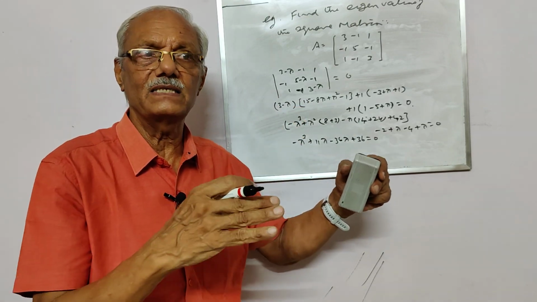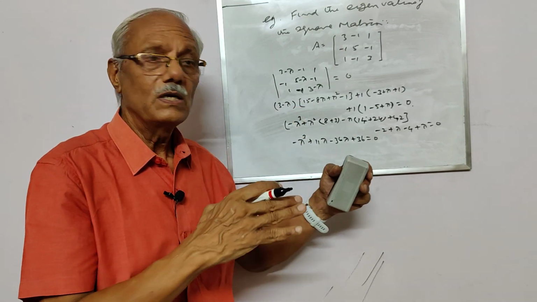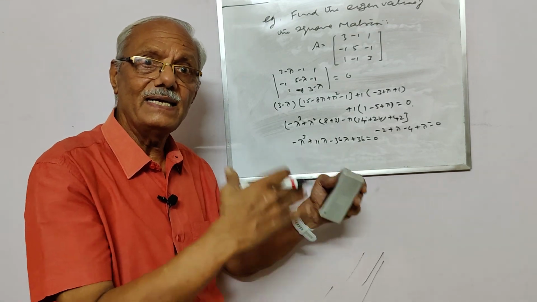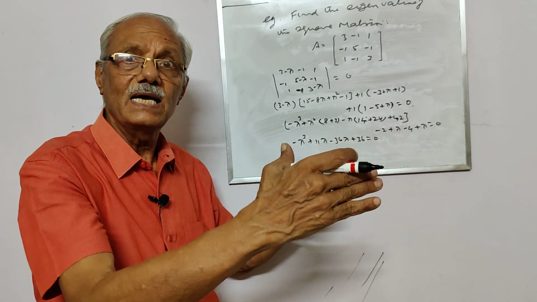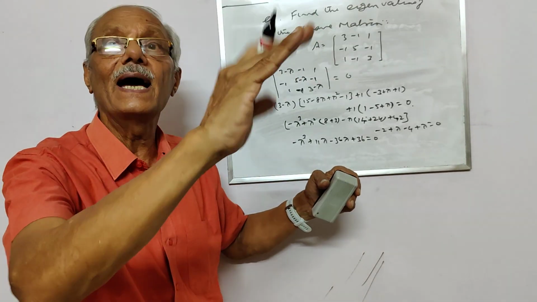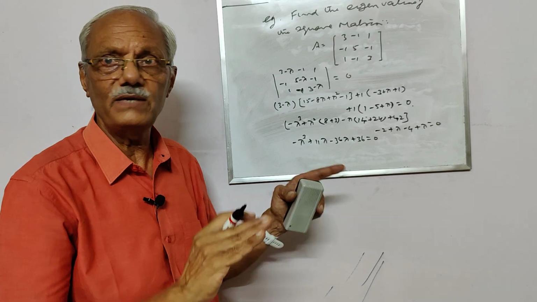Getting the diagonal matrix is very, very important. So finding the values of lambda and getting the corresponding eigenvectors ultimately leads us to find the diagonal matrix. So for that only we are finding.